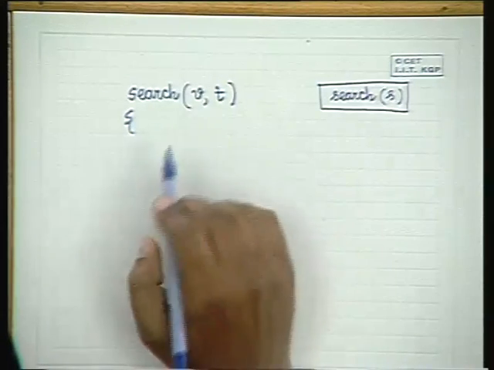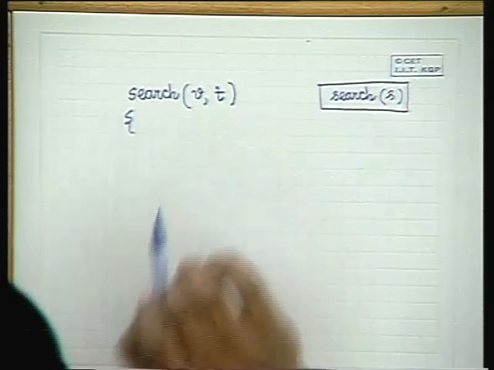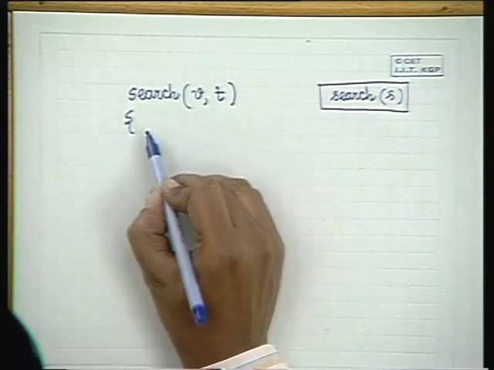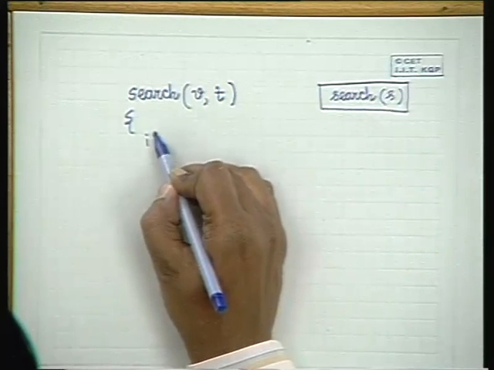I am not writing out the definition, the data structures and the declarations, because we are now trying to just do the decomposition. We are trying to say what is the recursive decomposition, what is the basis condition.